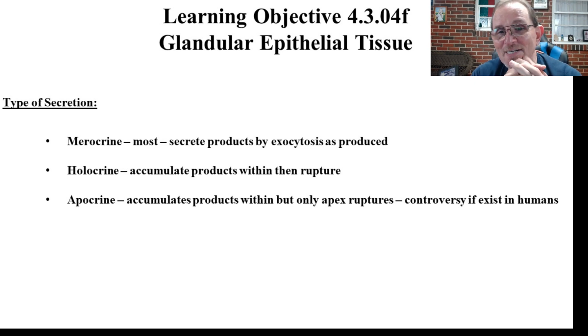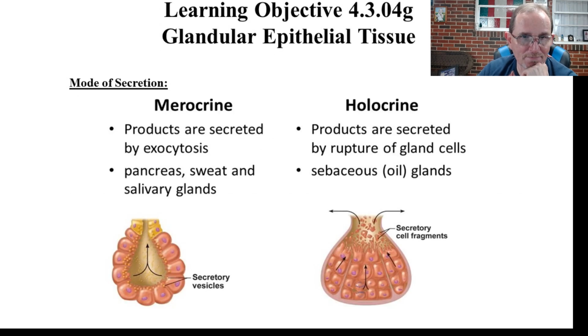To be honest with you, that's not the way I understood apocrine. The apocrine that I'm familiar with has to do with sweat glands, and we don't do that till we get to the skin, which is our next chapter.